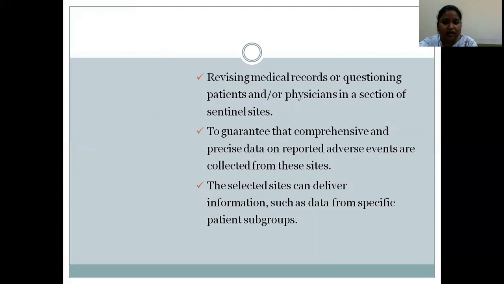In this, we have a set of processes like making a record, revising the record, or the questionnaires prepared by the patients or the physicians at the sentinel sites, whatever site they have chosen. So they are modified from time to time according to the diseases.